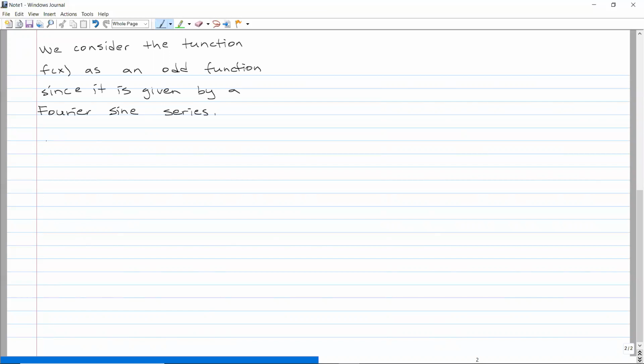So this integral, c_n is equal to 1 over L, integral from minus L to L, f(x) sine n pi x over L.